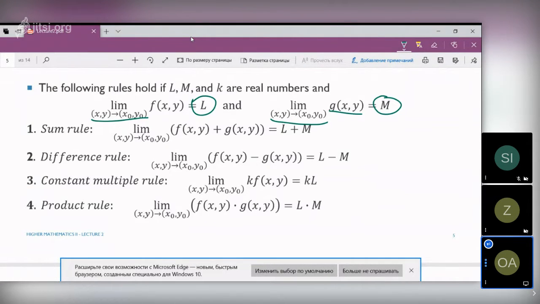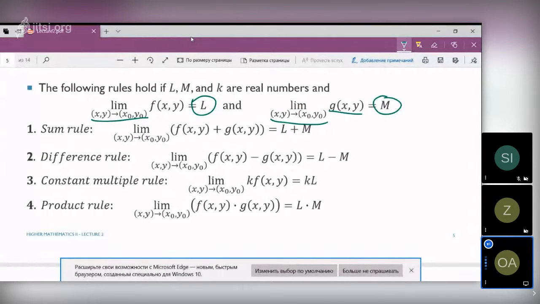For example, the first rule, the sum rule, says limit xy tends to x0, y0 of f of xy plus g of xy. So how to calculate the limit of the sum? We need to know each limit. What is the limit of f of xy when xy tends to x0, y0?